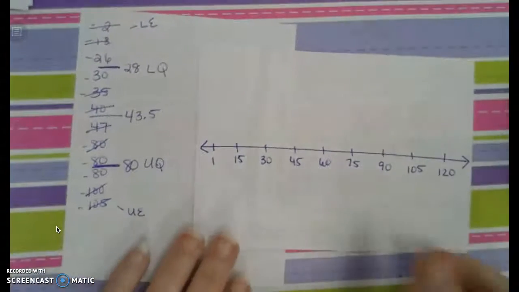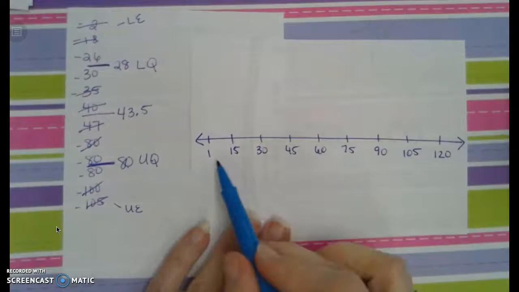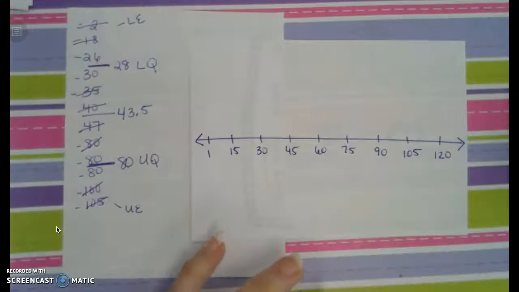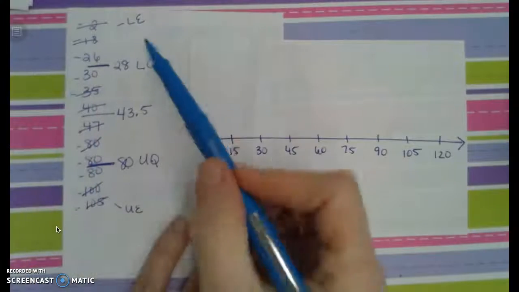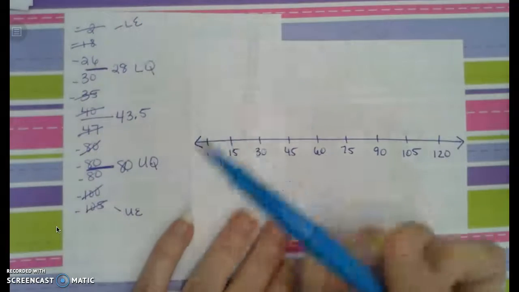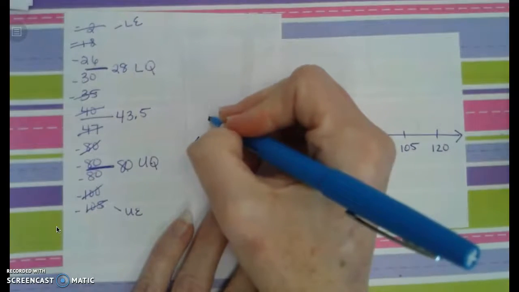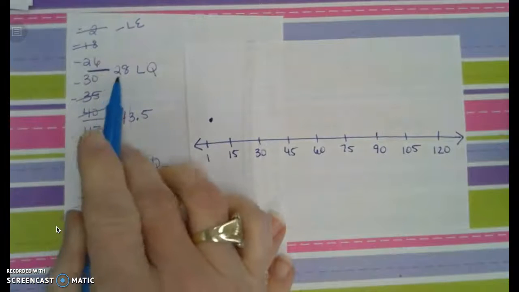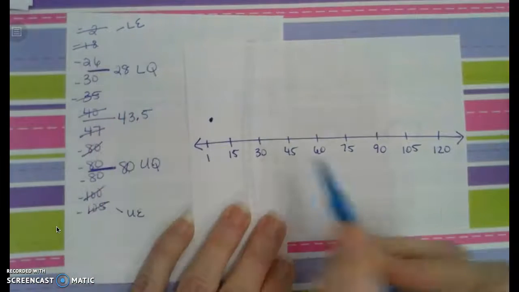Now let's see, we still got some more. Now this one is not harder, it's just longer. So you're not set on how to make your scale at the bottom. It just needs to be consistent. So our lower extreme is 2. So I'm going to start way down here with a dot. I'm going to go to 28 for my lower quartile, which is my first line.